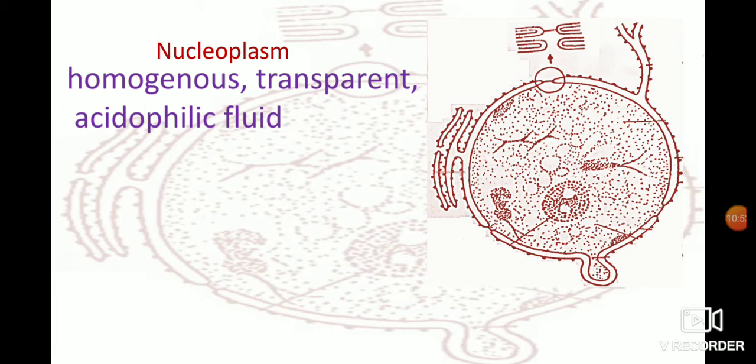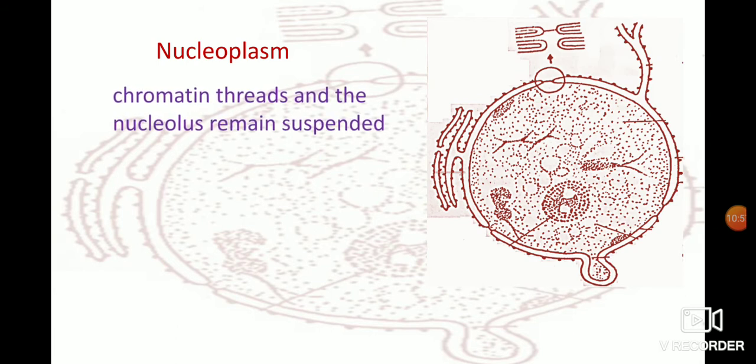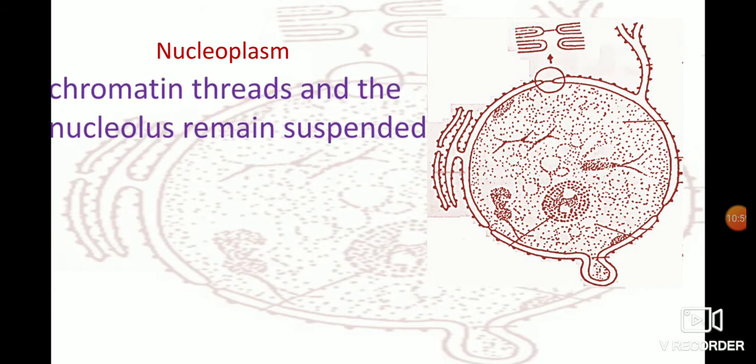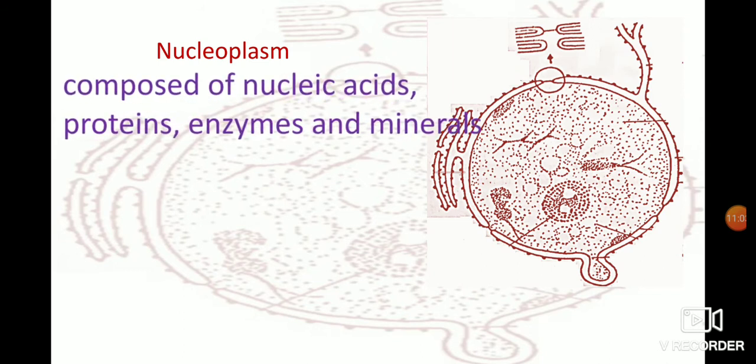The nucleoplasm is composed of nucleic acids, proteins and minerals. The most important nuclear enzymes are the DNA polymerase, RNA polymerase, NAD synthetase, alkaline phosphatase.